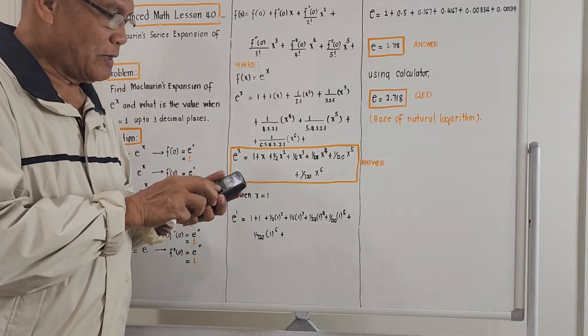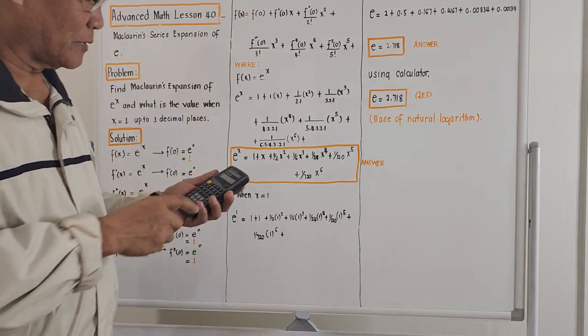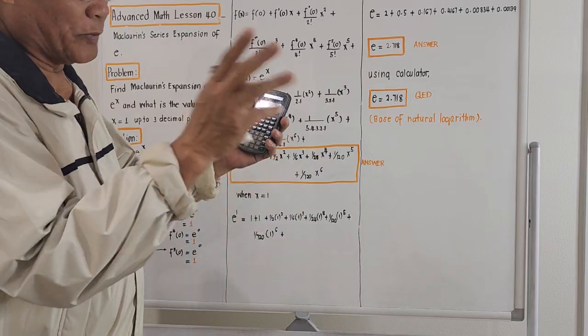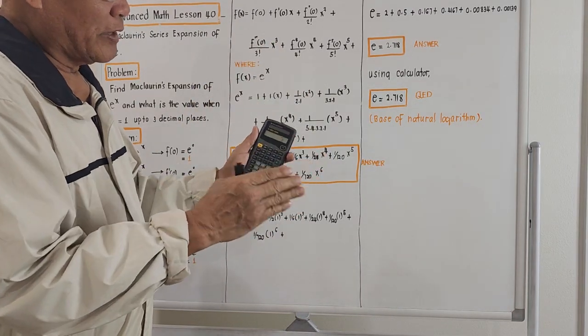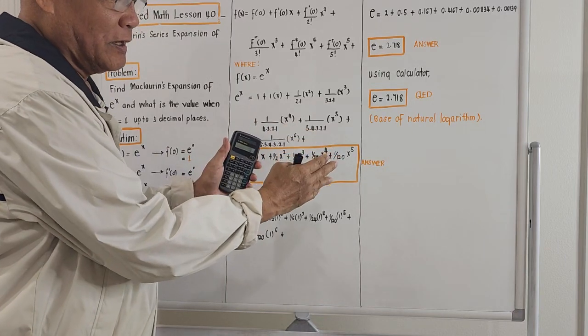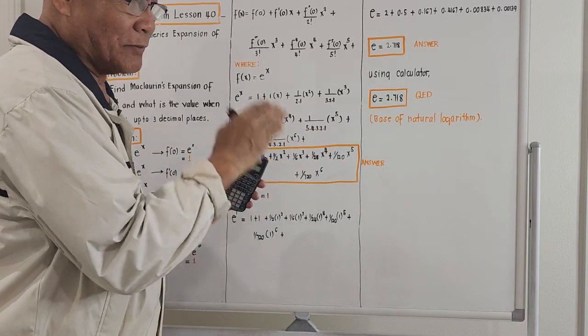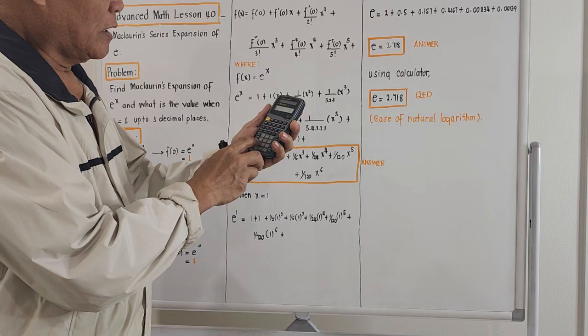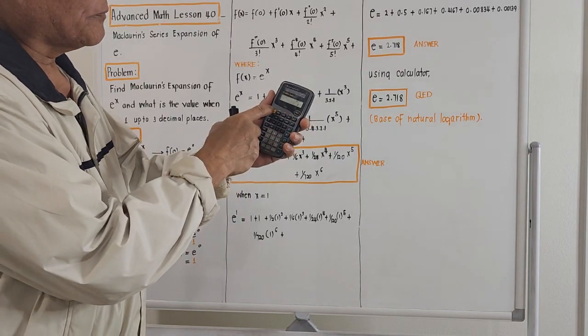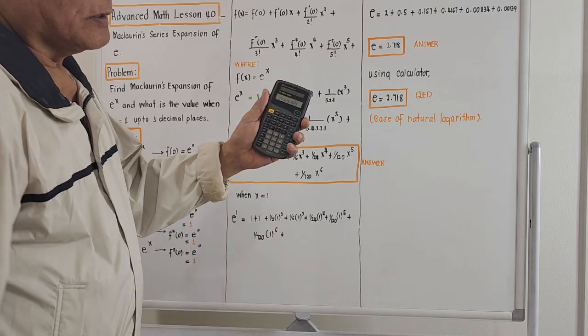The value e for natural logarithm is actually, by using the calculator, we could bring out the value of e. I will bring out the value, then later on I will bring out the derivation and how that value was derived. We will display 1, second function e to the x.